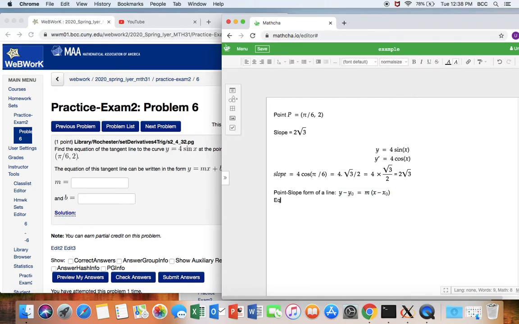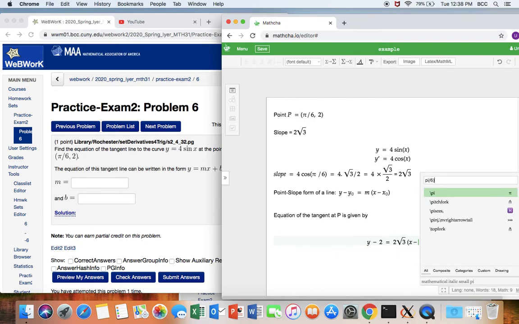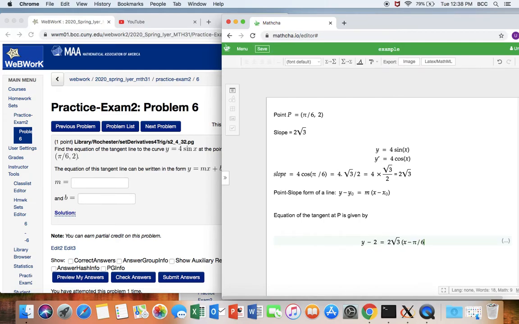So, equation of the tangent at P is given by y minus y coordinate equals slope times x minus x coordinate.